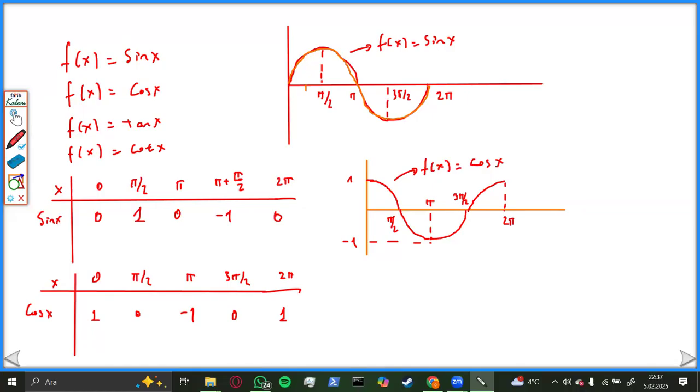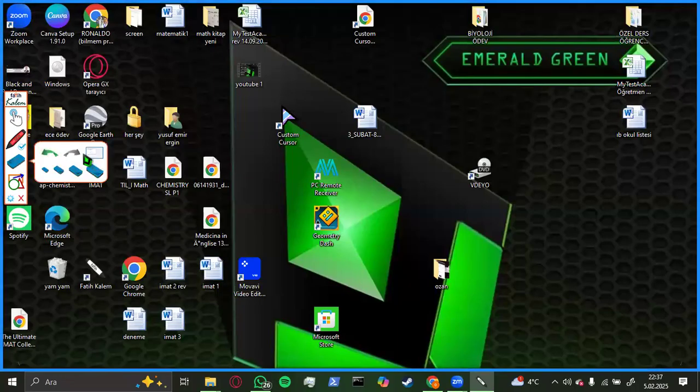To be honest, in general, you are going to see them in different forms. For instance, let me show you once again. Assume that f(x) is 2 cosine x plus 1. As you can easily realize, this function is the transformed or translated function of cosine x.